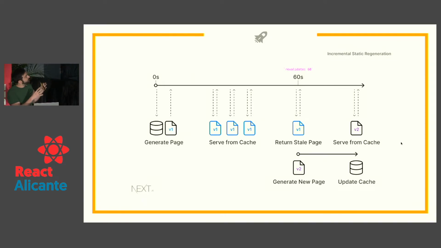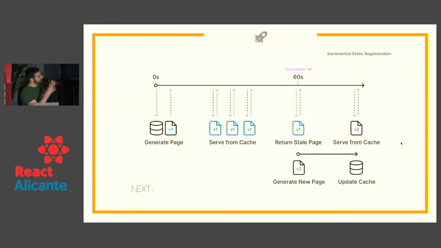I will define this revalidate property in my code, so that after I generate the page, let's say the version 1 of my page or my files for the first time, if a user visits a certain page after 60 seconds, in this case, I will return the cache version of my page to the user, but in the background, I will trigger a build process just for that page.